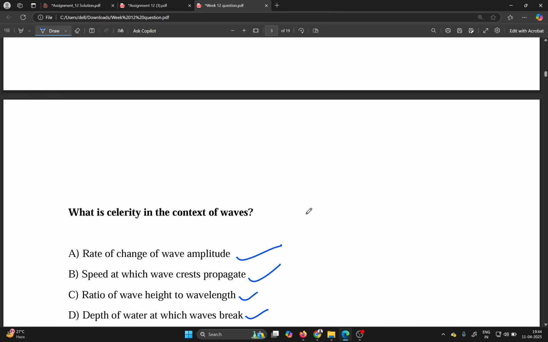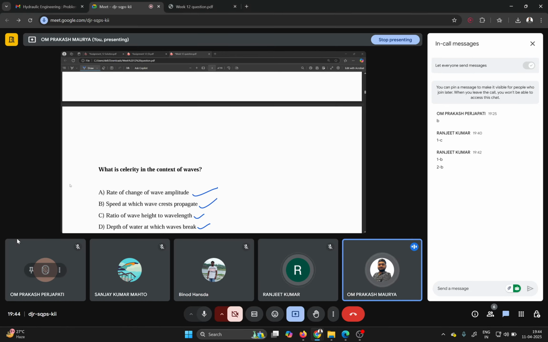What is the celerity in the context of waves? Please, anyone can write the answer. Okay, Ranjit is telling 3A, the rate of change of wave amplitude.